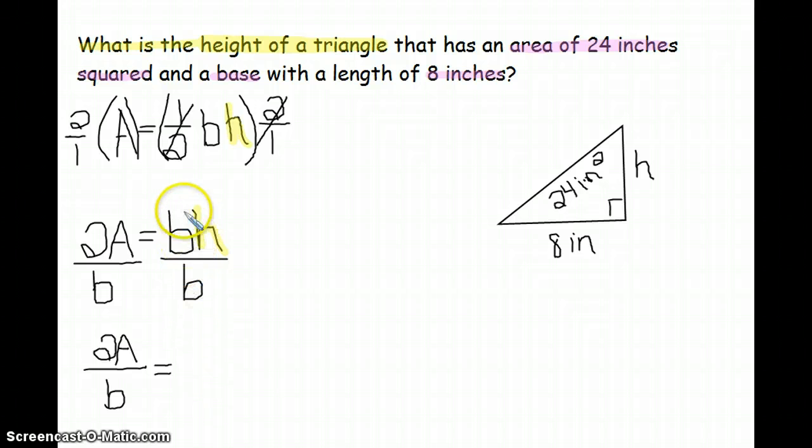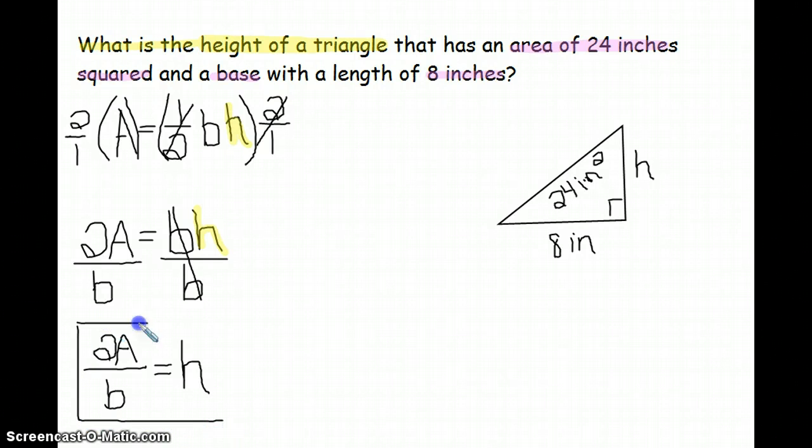Anything divided by itself is 1. So I'm left with simply my h. And there you have it. That is the area of a triangle solved for h. And you may very well see this question again somewhere, so know how to manipulate your formulas.